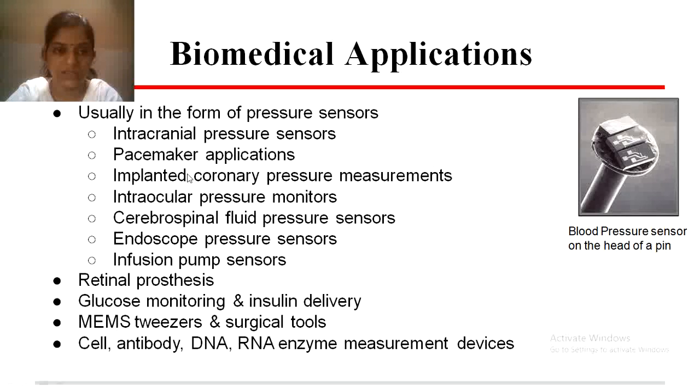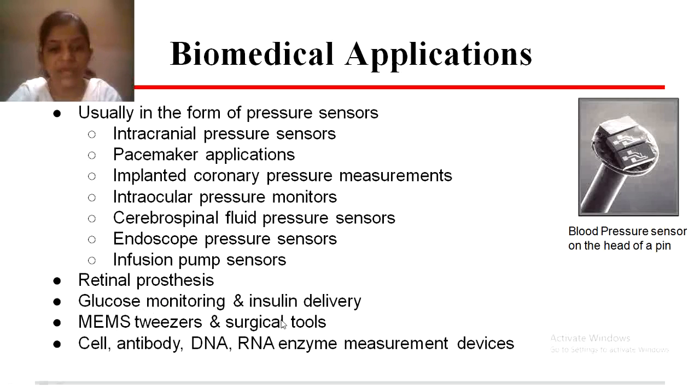So interaxial pressure sensors are there, pacemaker applications are there, implemented coronary pressure measurements are there, intraocular pressure monitors are there, then cerebrospinal fluid pressure sensors are there, endoscope pressure sensors are there, infusion pump sensors are there. Also retinal prosthesis is also there.